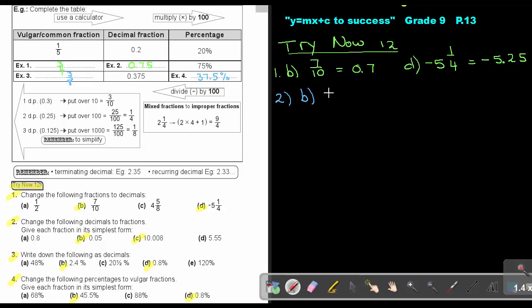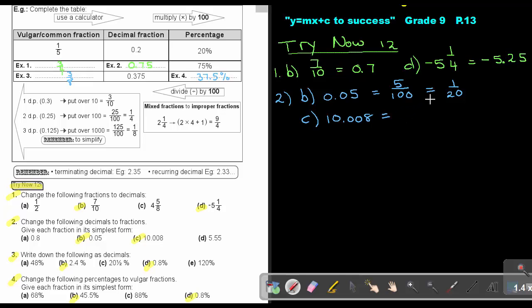If I look at number 2, let's start with number B. It's 0.05, and it asks to change the following decimals to fractions, giving the simplest form. So remember, I'm going to say it's 5 over 100, and if I simplify that, I will get 1 over 20, because if you divide by 5, that will give you 1 over 20. And if you look at number C, it's 10.008.